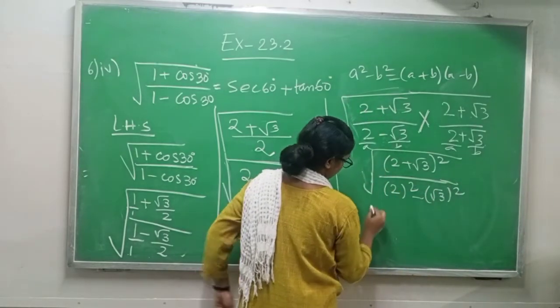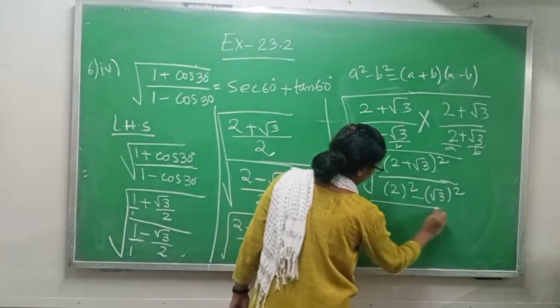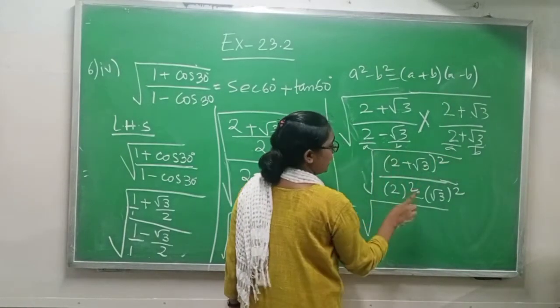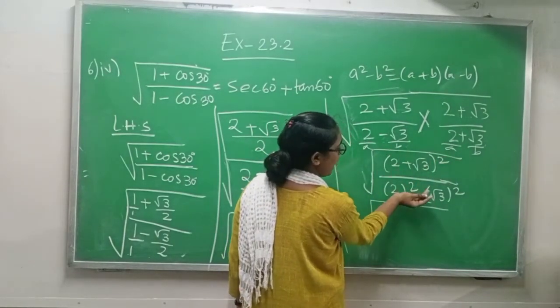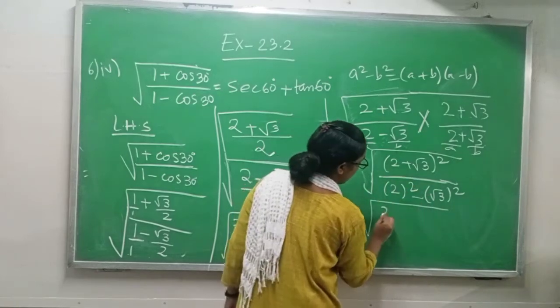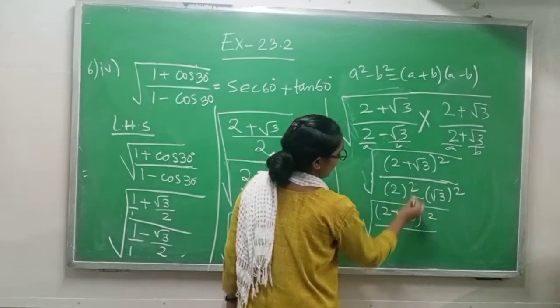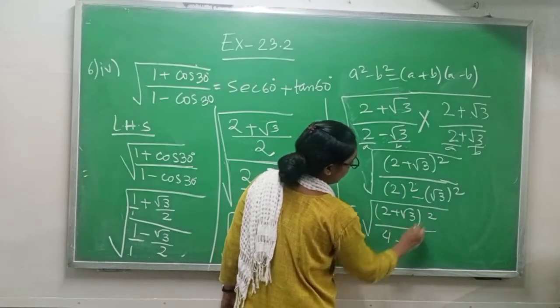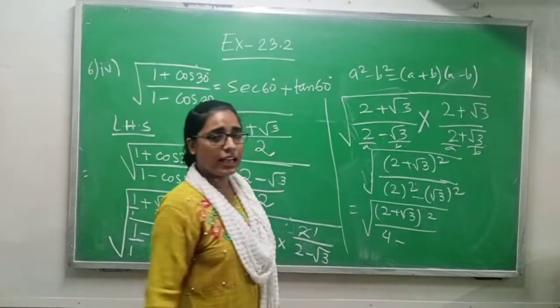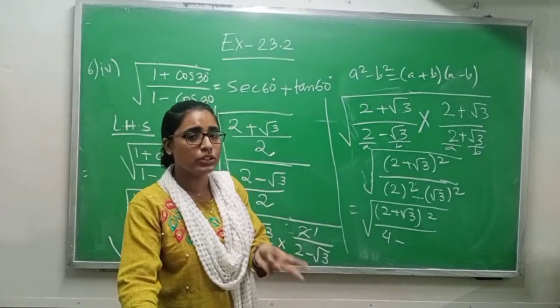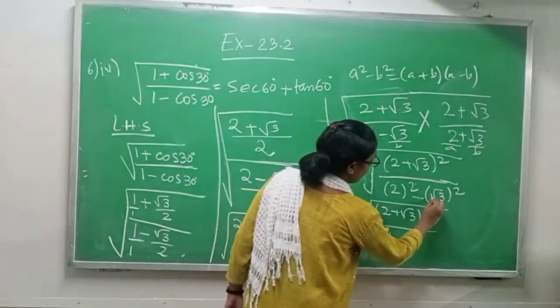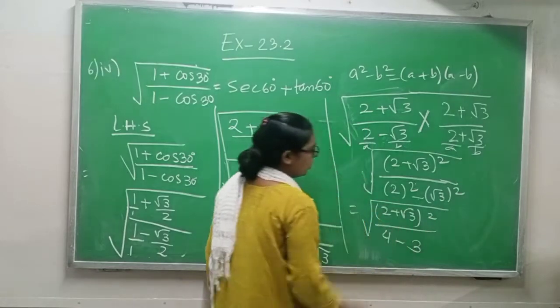Okay. Now you can't cancel this right now. First you have to solve the down one, then you can cancel this one. So this one you will write as it is. Now 2 square will give you 4, then minus sign, root 3 square is 3. As you know, when root 3 is multiplied 2 times, it will give you that number, means root 3 squared gives you 3.